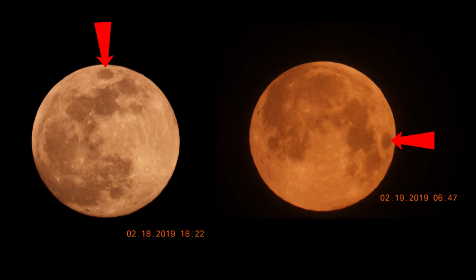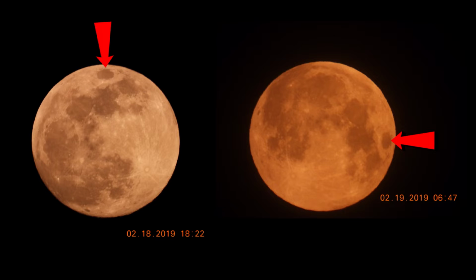Now, all I did to get these 2 pictures was simply pan my camera across the horizon from the east, panned it clear around to the west. And these 2 images should appear the same if we aren't seeing the moon actually rotating. You can see the Sea of Crises, the round sea on the top, on the left-hand side.